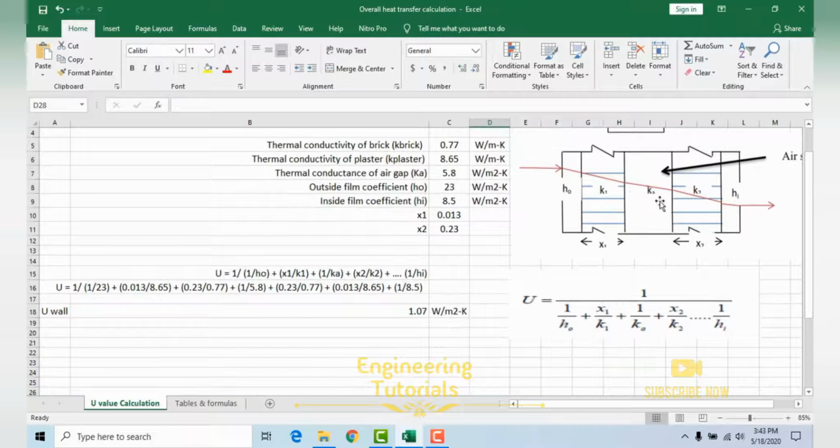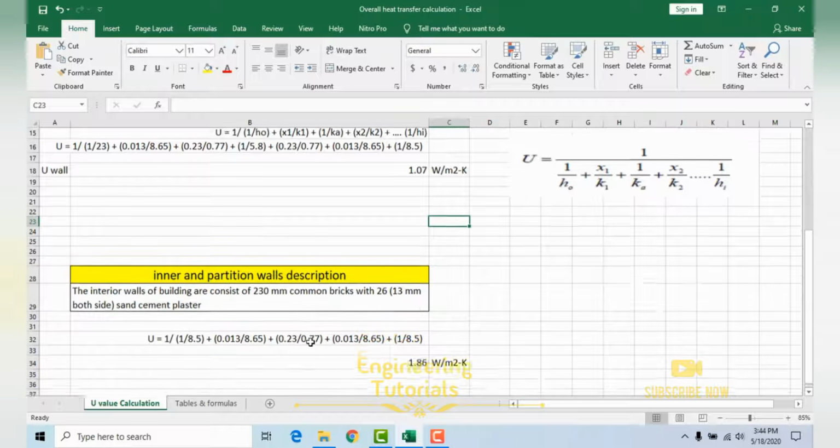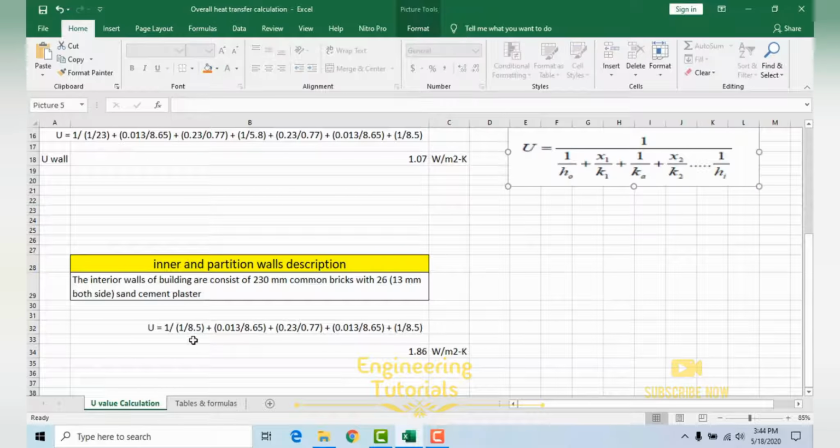There is only one brick over here. You can consider this part only: outside film coefficient, sand, cement, plaster, then the brick, and then sand, cement, plaster, and then the inside film coefficient Hi. This is not here. So the same formula which we used before is going to be used over here.